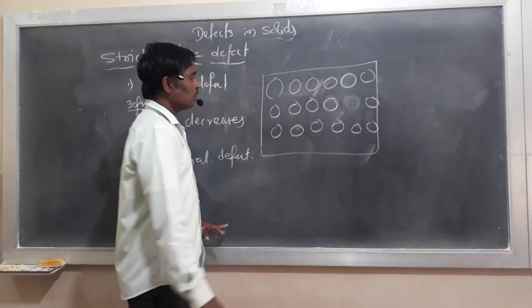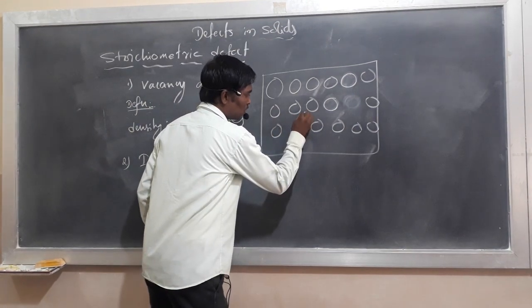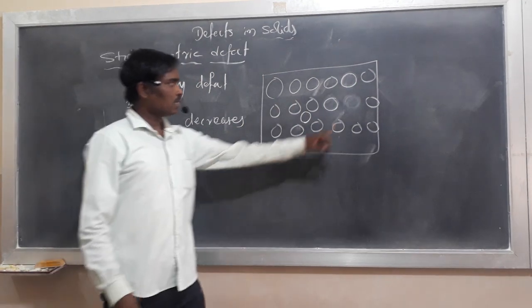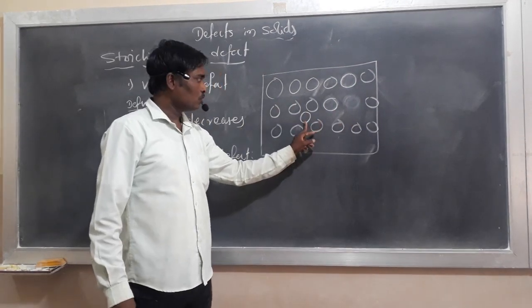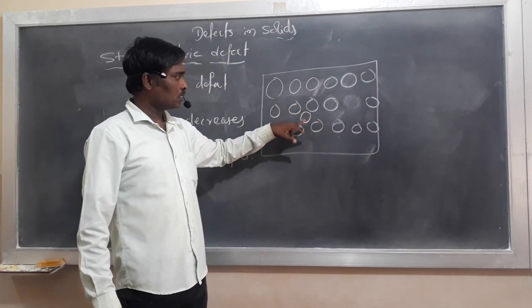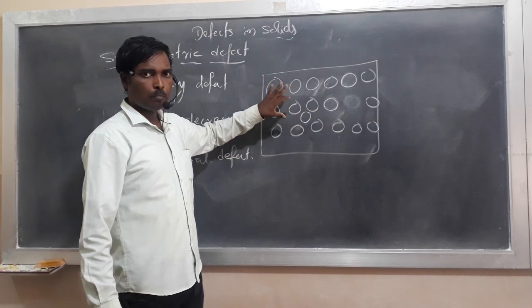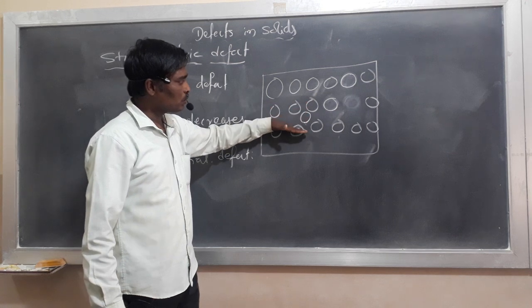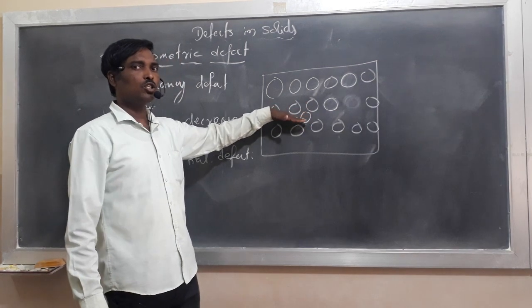Instead, it occupies an interstitial position, or interstitial site. This atom is present here. An interstitial position means the empty space present between the two rows.